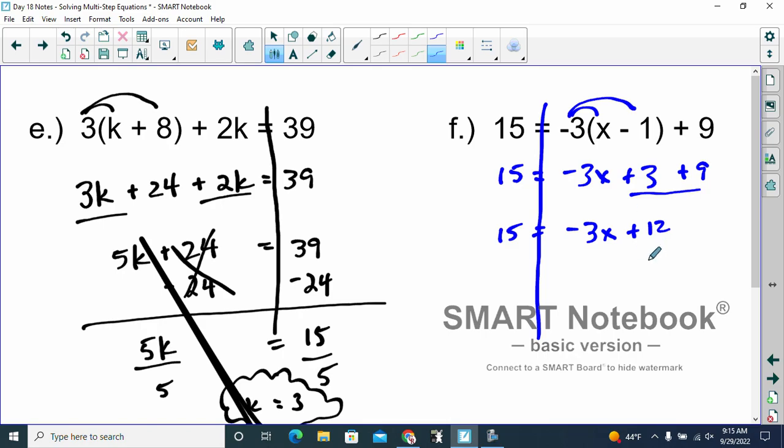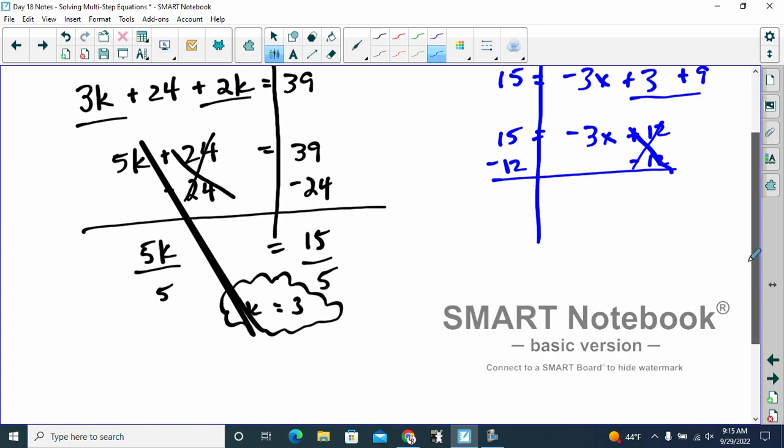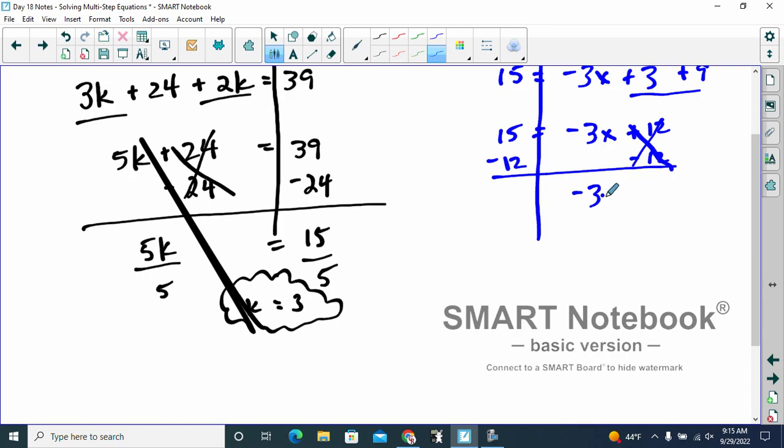Solve your two-step equation. Subtract the 12 over, divide both sides by negative 3. X equals negative 1.